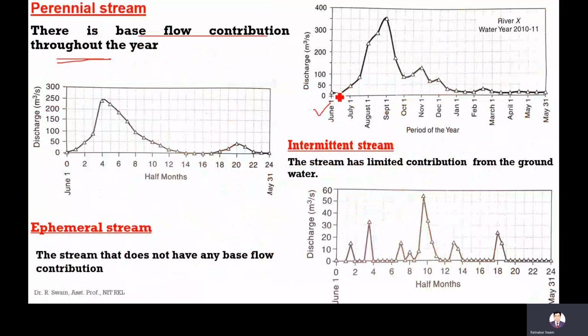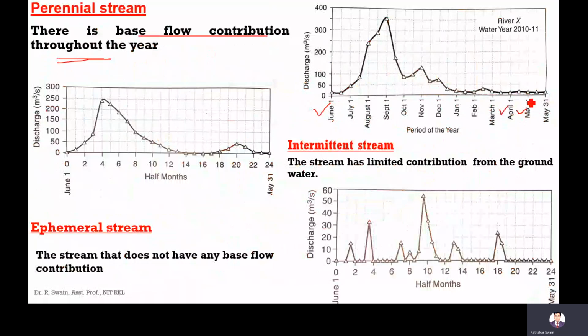If you plot the discharge, this is the monsoon period, from June to September. After the monsoon there is no rainfall, but there is some contribution. You see there is no zero. There is some discharge in the river during the lean season, during summer, during March, April, and May.